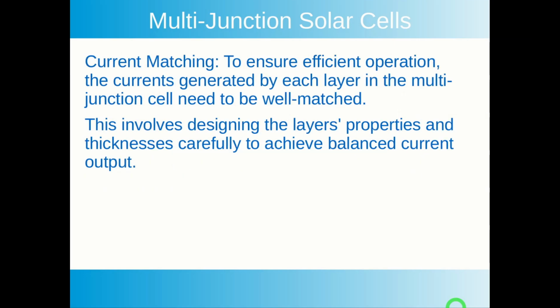To make sure that the multi-junction solar cell is efficient, it is important that the amount of current generated by each layer be very close to the amount of current generated by the other layers. This balancing of the amount of current created by each layer can be done by changing the properties of the layer and the thickness of the layer.